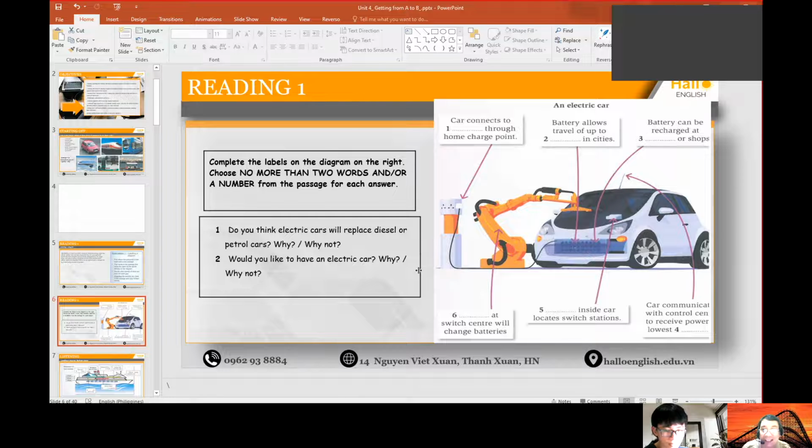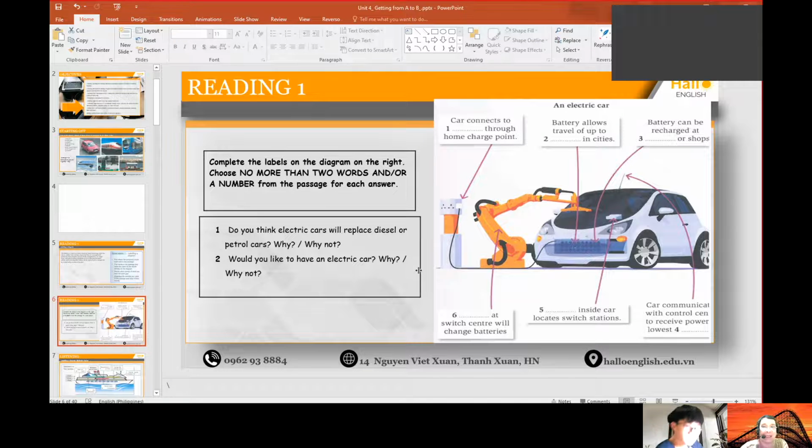What are those? In the instruction, no more than two words and or a number. That means the answer must be limited only up to two words. More than two words will not be accepted. Okay? So it's a word or words or a number or numbers, but not more than two words or two numbers. Okay, Koi?